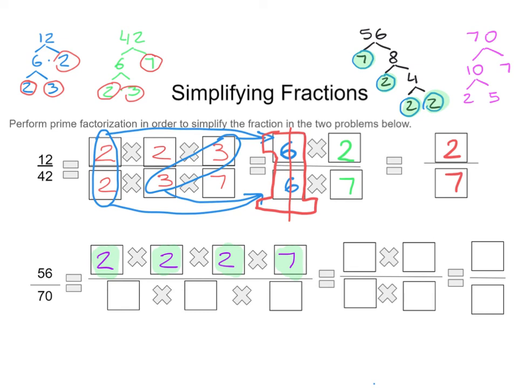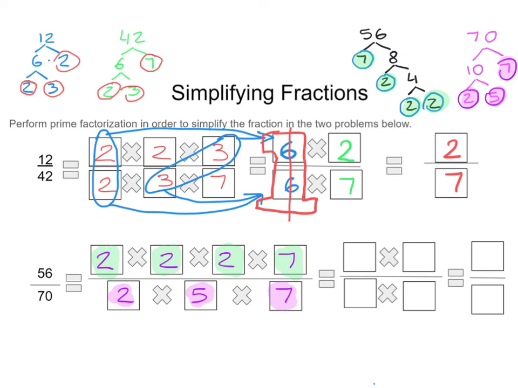My prime factors are 2, 5, and 7. I'm going to copy them down below because they are the prime factorization of 70. So it's going to be 2 times 5 times 7.